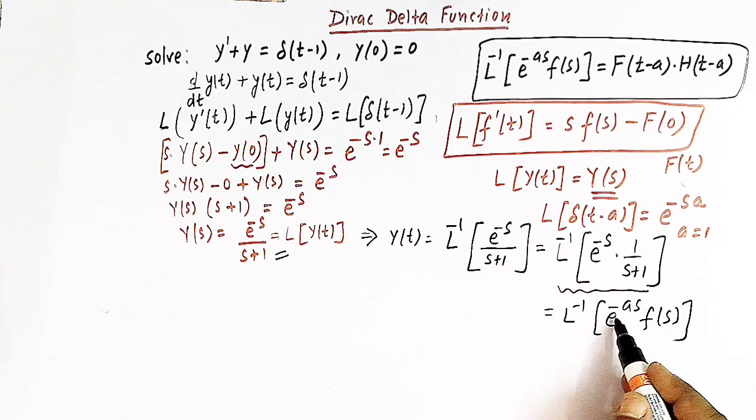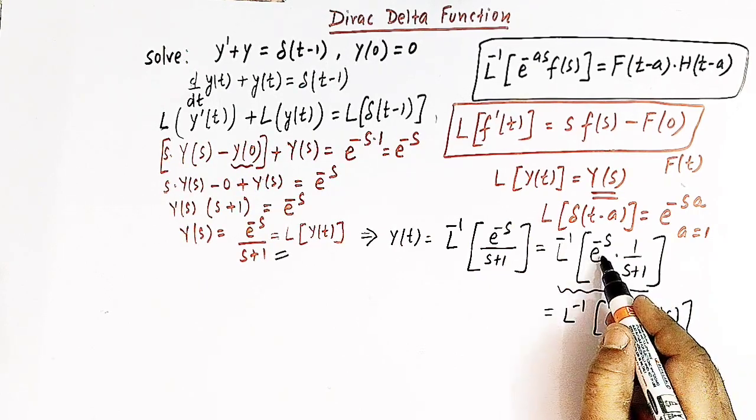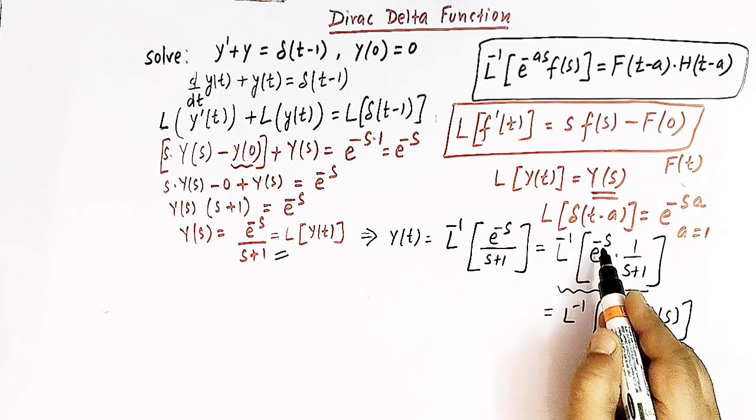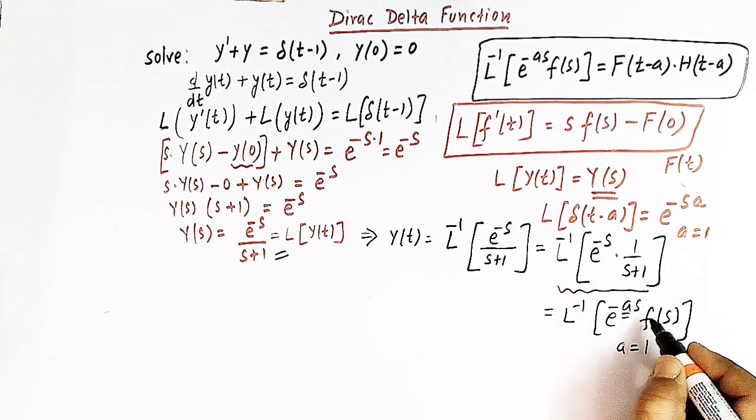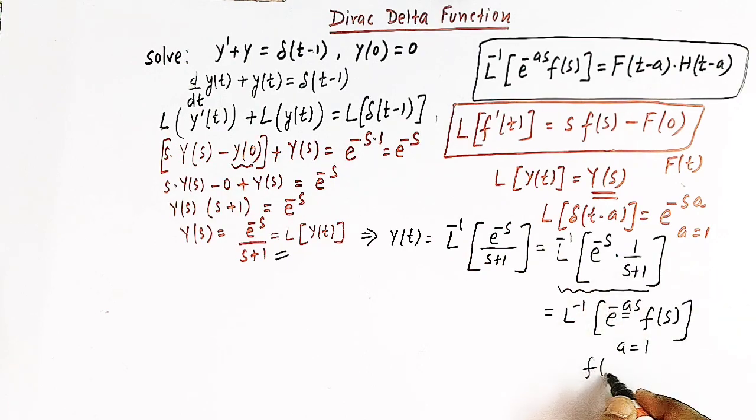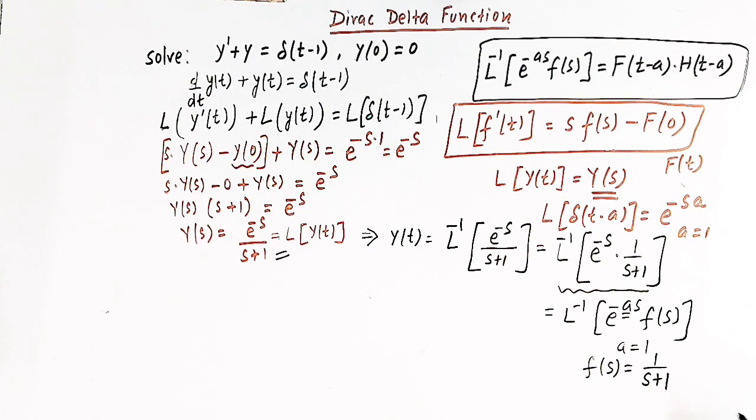So if we compare these two expressions, then the value of a is 1, and f of s is given by 1 over s plus 1.